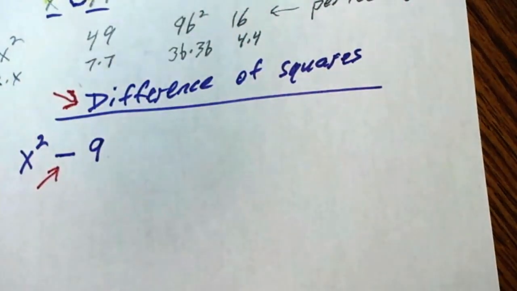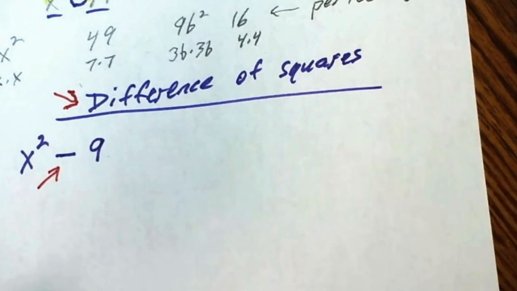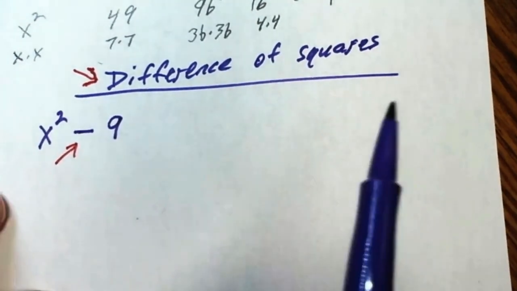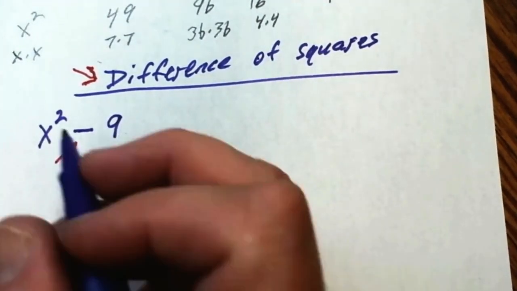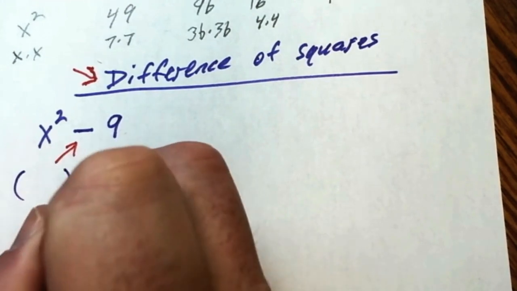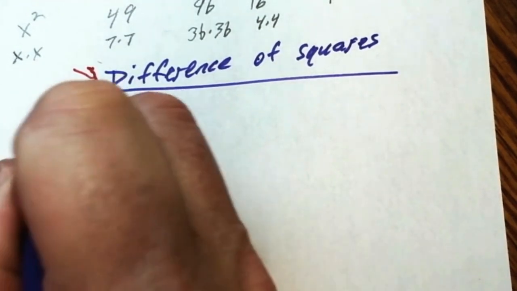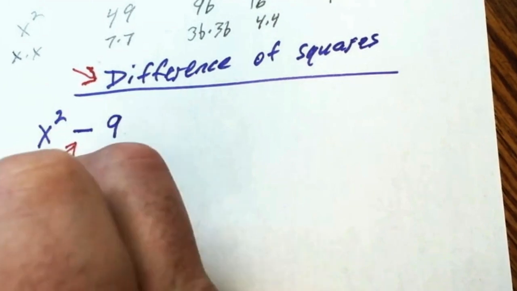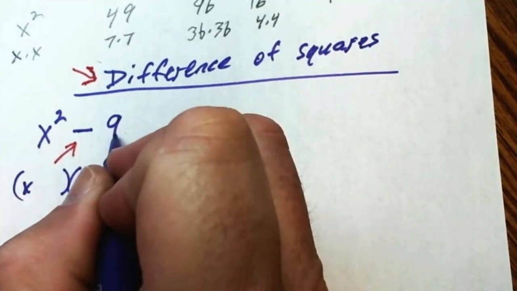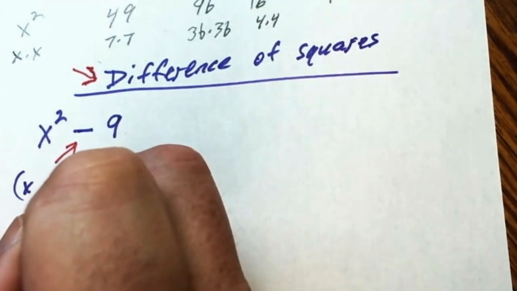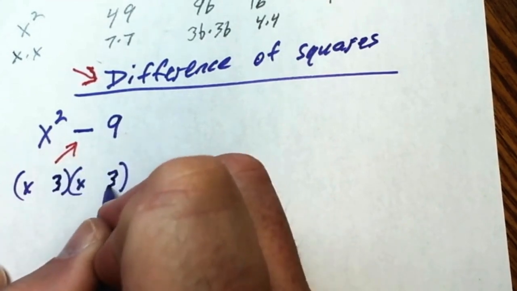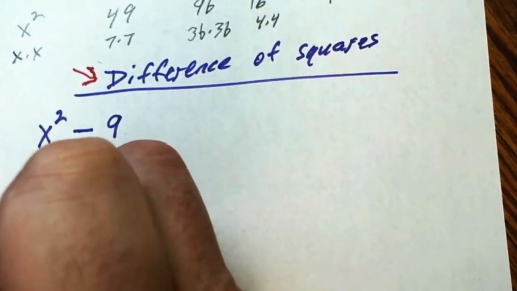Right? Because if we add, it's the sum of squares. This is difference. Difference of squares. That means we can factor it using the cheat code that you factor the first one and factor the last one. X, X. That's a perfect square. So that's 3 times 3. And then you just make one positive and one negative.